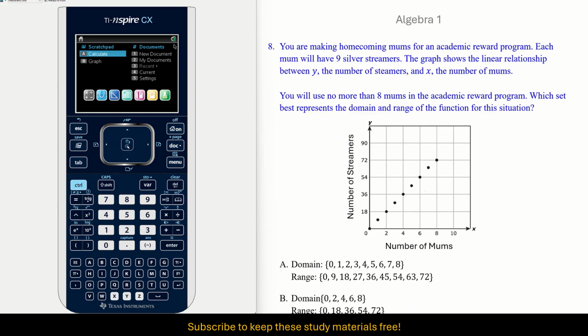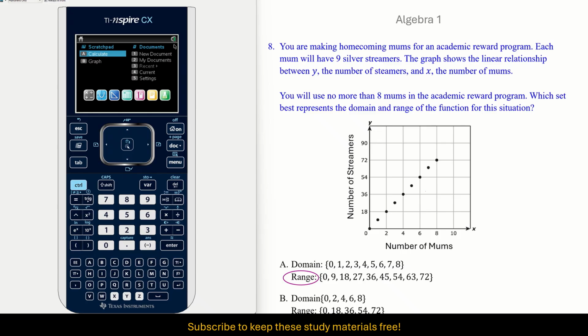And we also know this from the fact that we do not sell part of a mum, and we are not saying it's allowed to put part of a streamer or less than 9 streamers on each mum. Now, that being said, you would look at this and say, well, I could just answer this question using the graphics. But what we're going to do is take it a step further and show you, well, you've got something where you can verify these values in this range. The domain we can verify very easily.